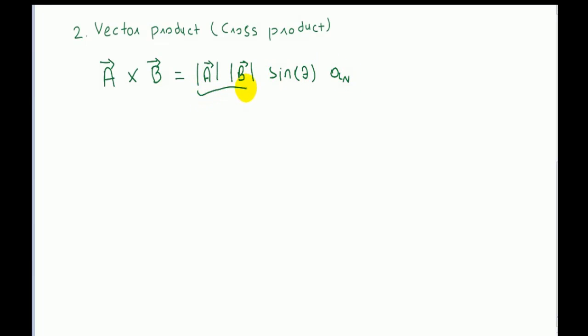This is the magnitude, and this is the unit vector an cap, which is perpendicular to both a vector and b vector. Suppose a and b are in the xy plane, then the unit vector normal to them will be in the direction of z. If they are in the yz plane, then it will be in the direction of x. So this is how we can find the vector product.